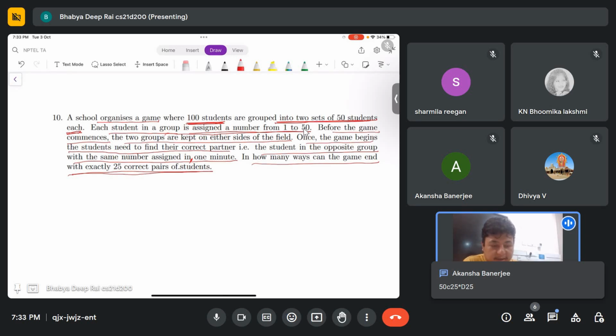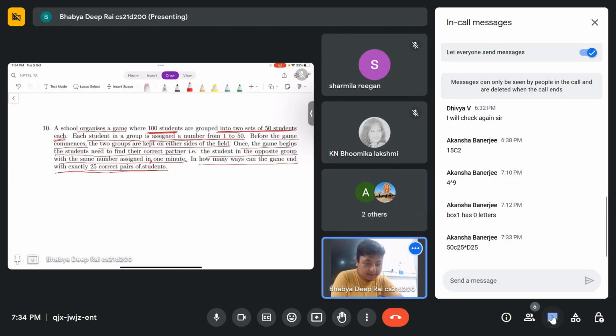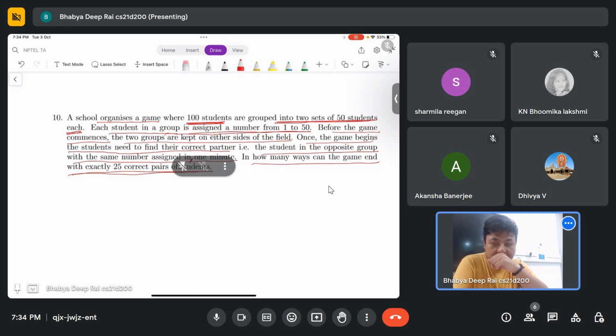Okay, Akanksha says 50C25 times P25. Okay, Akanksha, I mean, the logic is correct, but I think there might be a slight error.